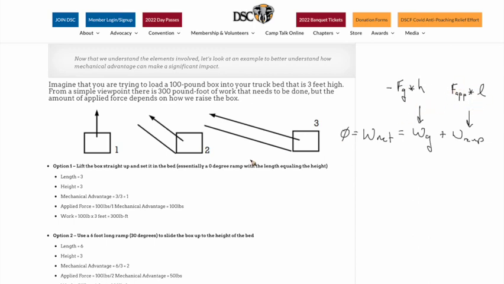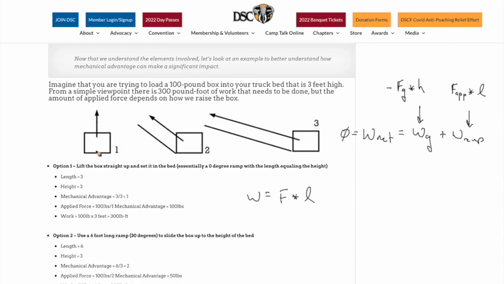The basic idea is that this analysis is essentially correct. What's really happening as you go to this ramp is that, if work is a force acting on a system and displacing it by a certain length L, then for the same amount of work of moving the box up into the back of the truck, you are exchanging force for length.